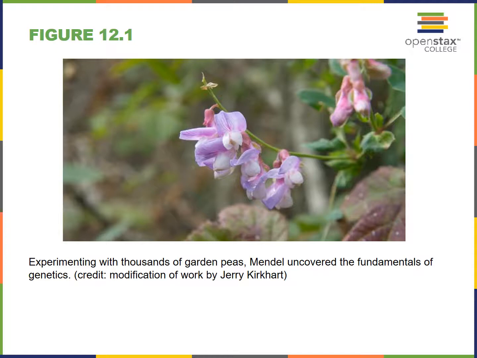But he got lucky with pea color because it was just controlled by one gene, and there were just two different alleles, and one was dominant and one was recessive. And he actually found several different traits within pea plants that followed this pattern, and I'll get to that in a second.